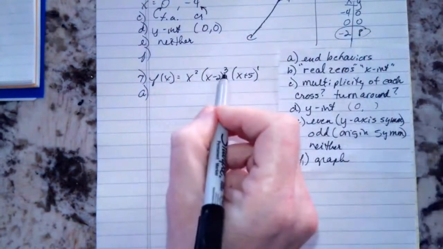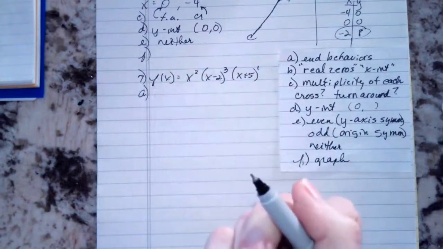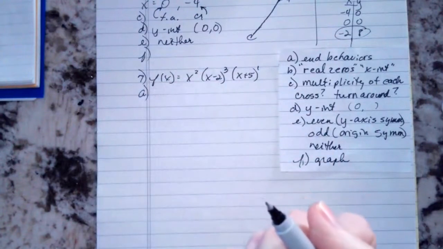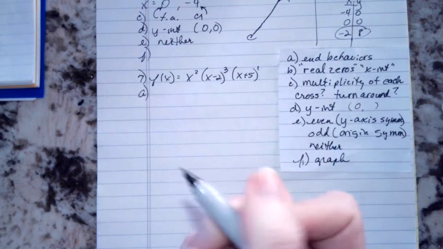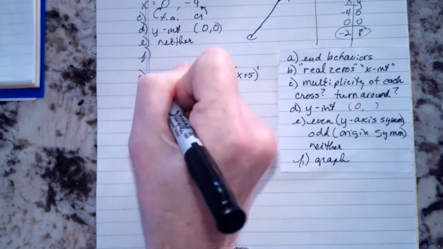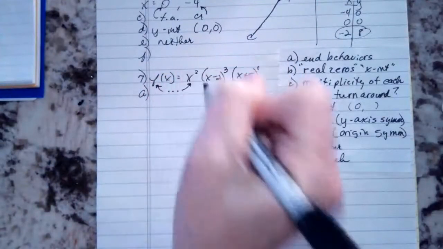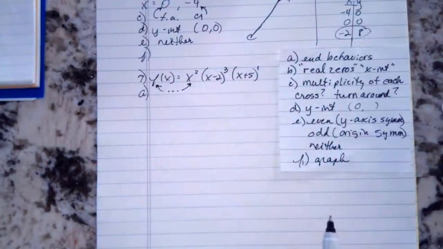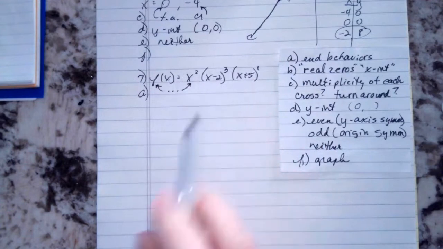So we've got 2 plus 3 is 5, plus 1 is 6. So that's just like a parabola. That's an even degree. So it's going to be rising to the left, doing some funky stuff in there, and then rising to the right.